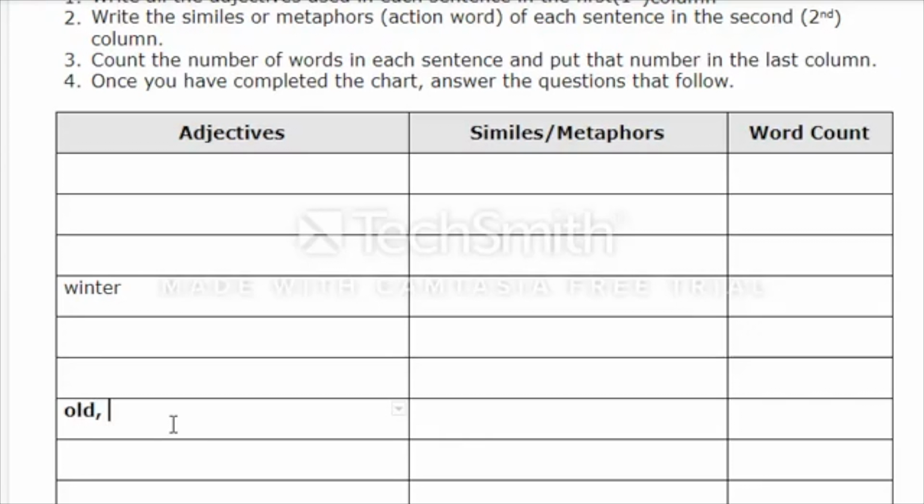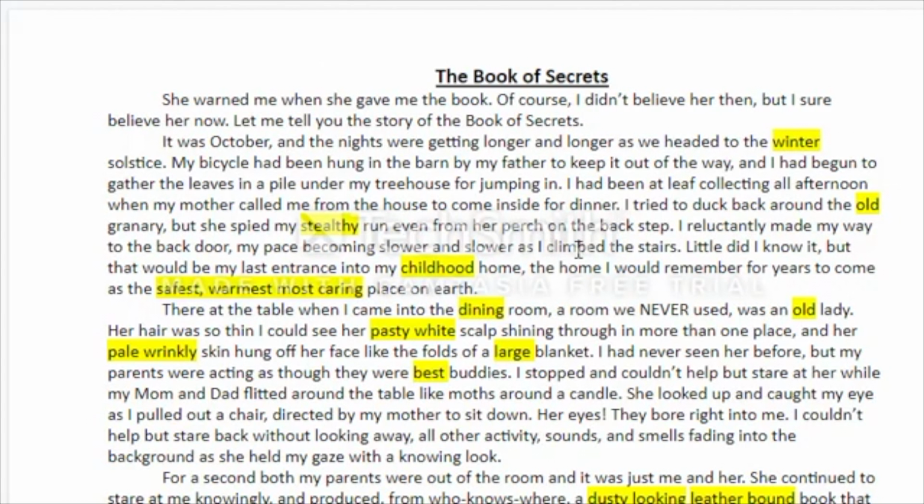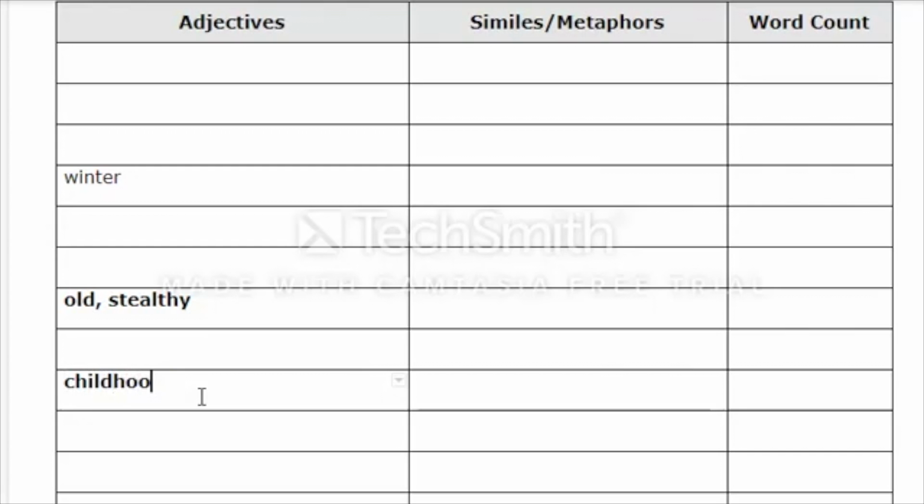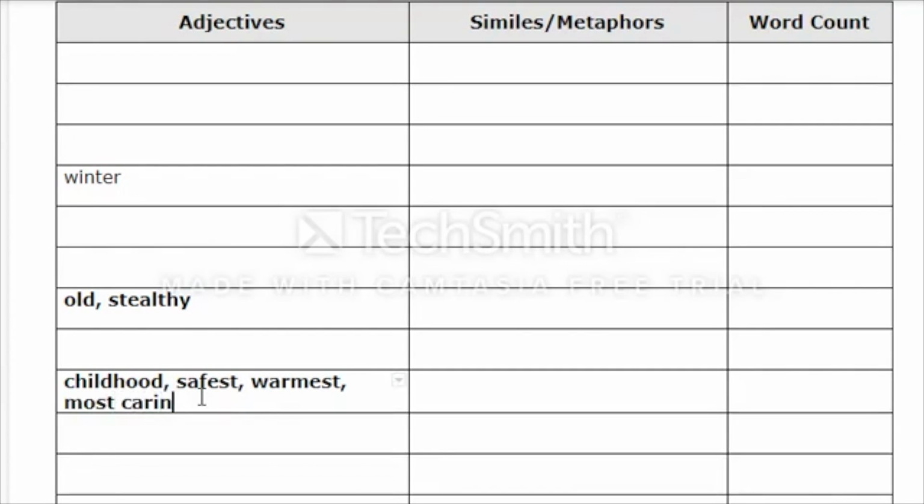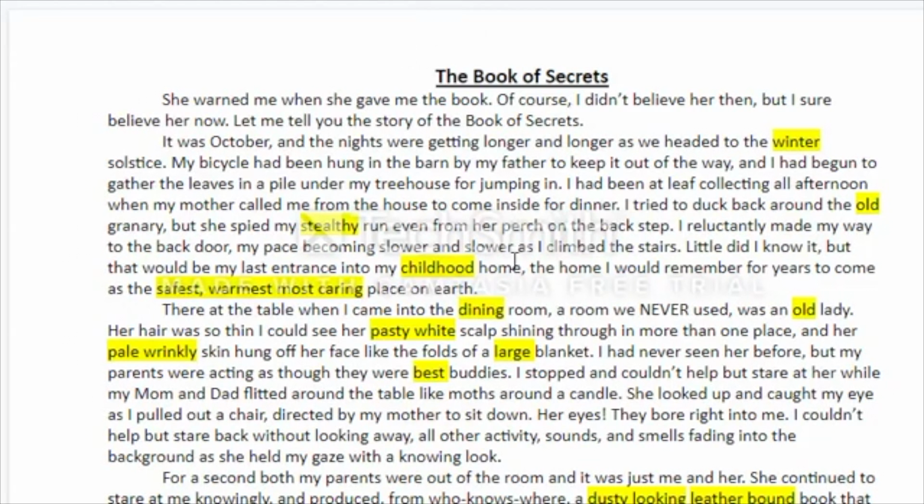Old, stealthy. I'll go back here. The ninth has childhood and safest, warmest, most caring. And so you can continue on all the way through.